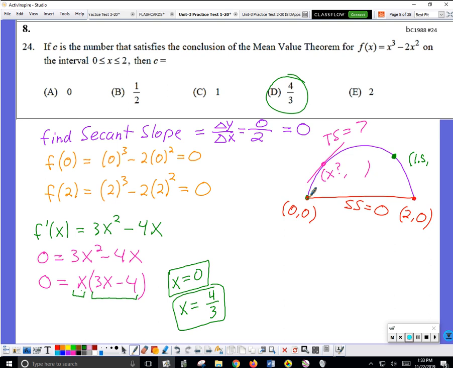So if you're at the very end of a function, you can't go secant left. So the mean value theorem won't be satisfied at that point. You can never satisfy the mean value theorem at an endpoint because you cannot find a tangent slope at an endpoint.